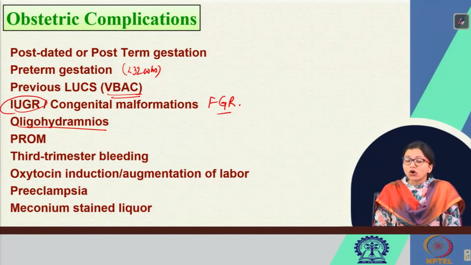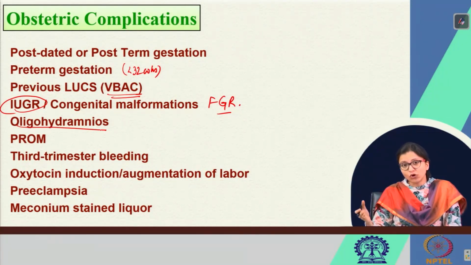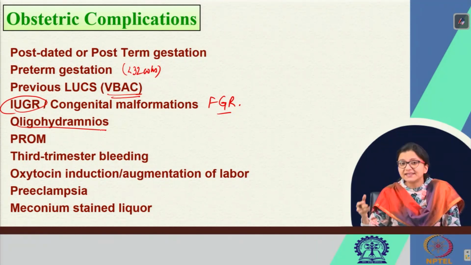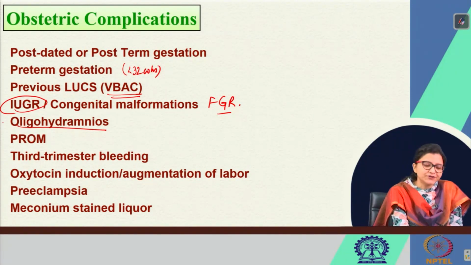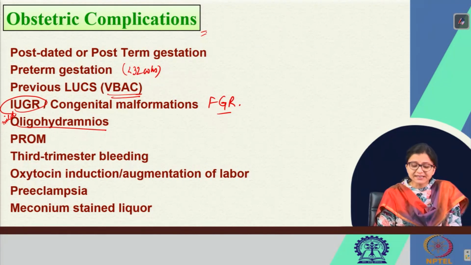In gross oligohydramnios, we are not going for labor or vaginal delivery; we will directly go for cesarean section. Gross oligohydramnios with abnormal Doppler, you need to expedite the delivery by cesarean section. But mild oligohydramnios, you can go for vaginal delivery, though in that case you need continuous cardiotocographic monitoring.